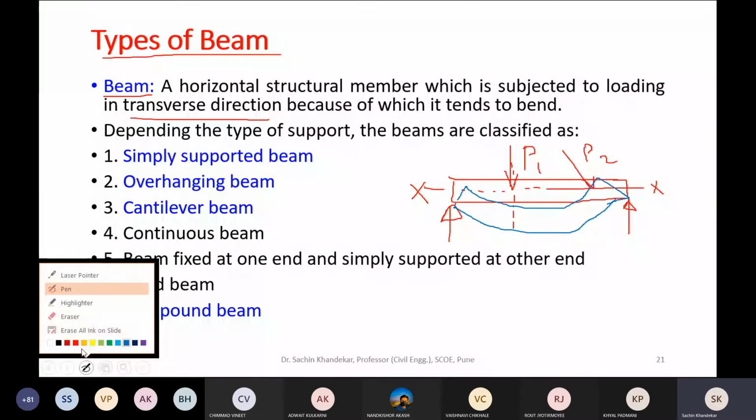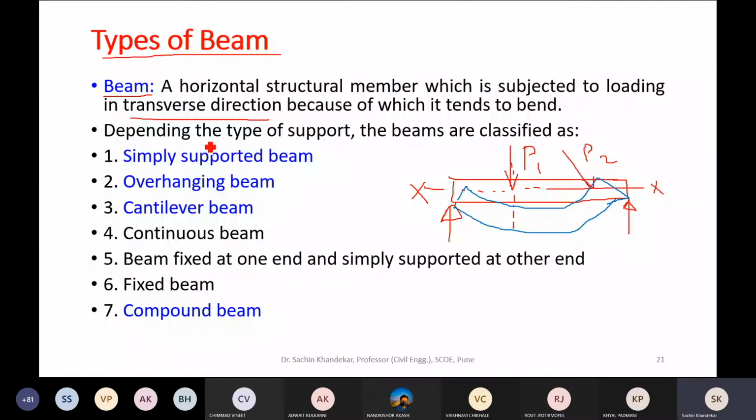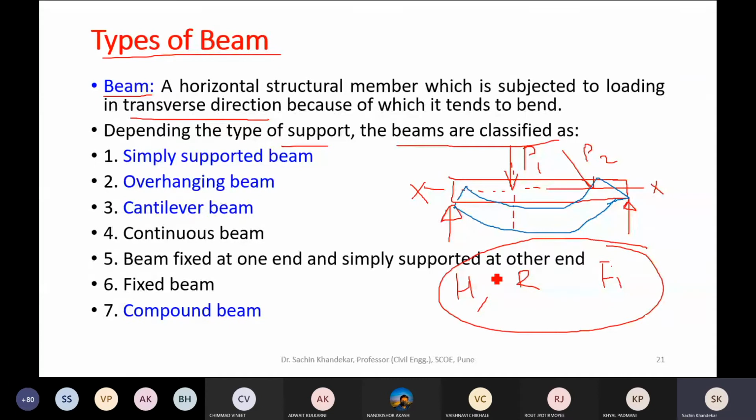Now what are the different types of beams? Depending on the type of support, the beam can be classified. Now we have seen the different types of support, such as hinge support, then roller support, and then fixed support. Usually these three types of supports are used in case of beams.